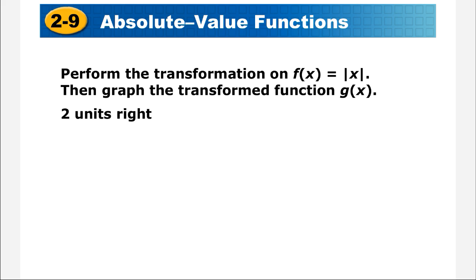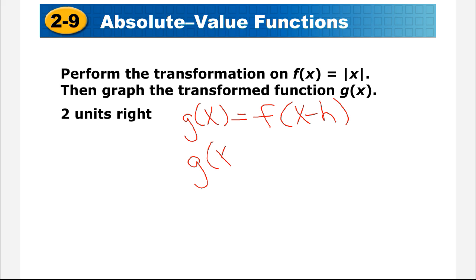Okay, 2 units to the right would be horizontal. So g of x would equal f of x minus h. So h in this case is 2. So g of x equals the absolute value of x minus 2.